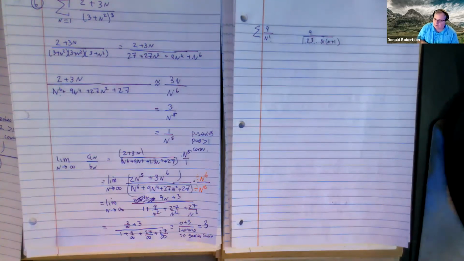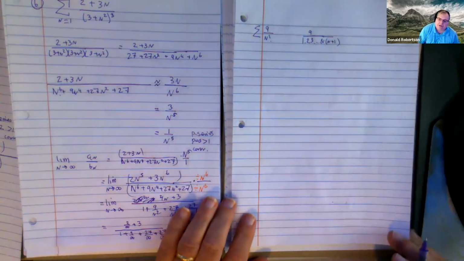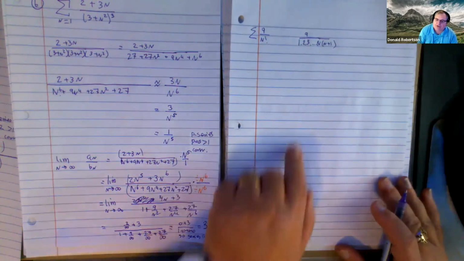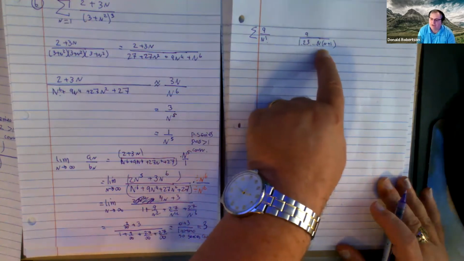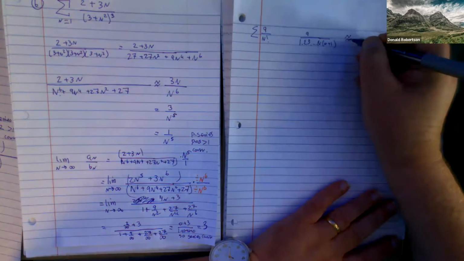Okay, so I need to find someone to compare him against. And all bets are off. This is a unique situation. I have 9 on the top, and I have 1 times 2 times 3 times n plus 1. And I'm going to do this in 2 stages.